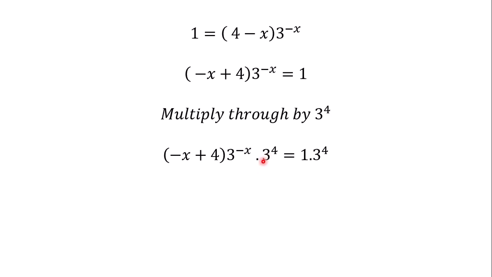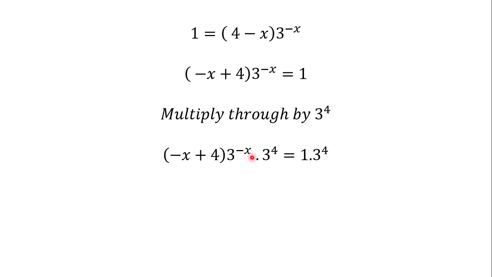So if this side is y times 3 raised to the power 4, this side will be y times this one times 3 raised to the power minus x plus 4. That's how you do it. Here it is 1, so 1 times this one just gives you the same thing. Okay, now let's continue.